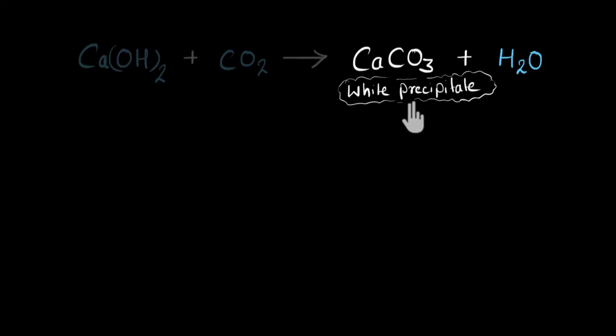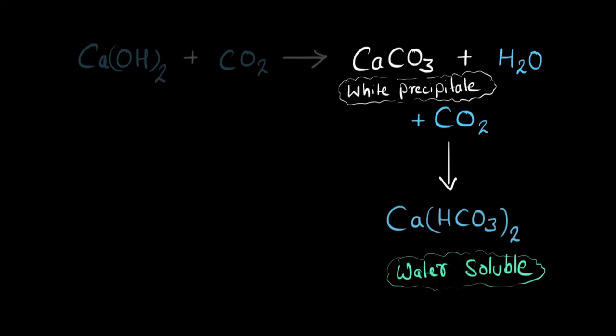Okay. But now if I pass more and more carbon dioxide, meaning the carbon dioxide is going to react with calcium carbonate and water. And all of these things are going to combine and form calcium hydrogen carbonate. Calcium hydrogen carbonate, which is soluble in water. And that's why it disappears and the solution becomes colorless again.